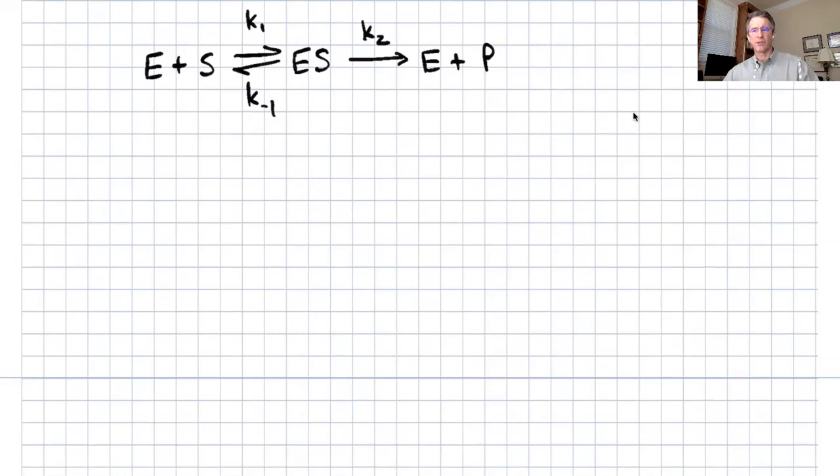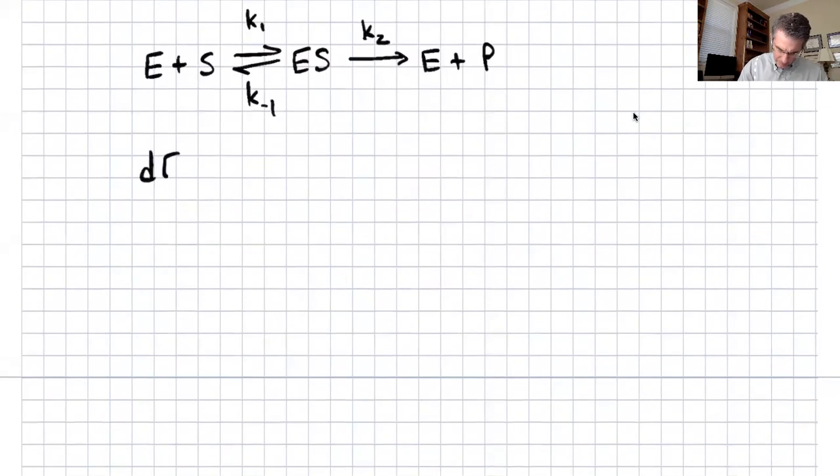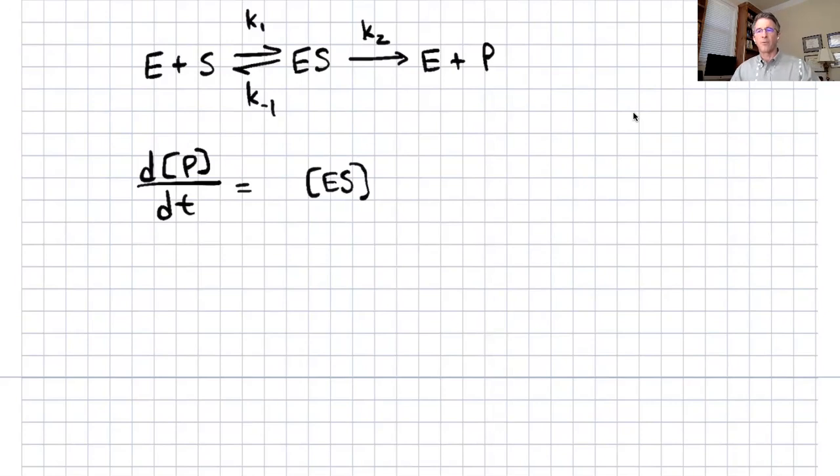Think back to when we talked about transition state theory. We had a similar basic layout, and we noted that the rate at which the product appears with respect to time is just going to be equal to that species that makes it, ES, times the rate constant for its production, k2.